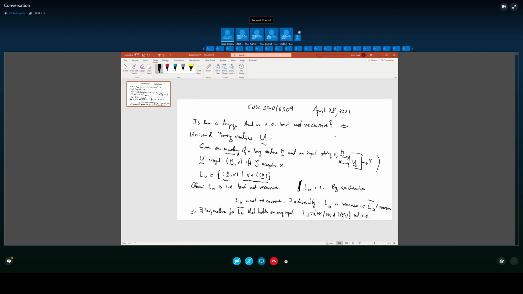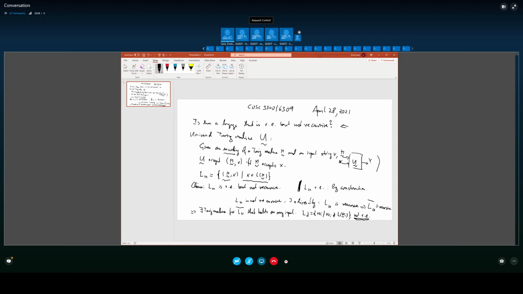So L sub D is essentially the complement of L sub U. And since L sub D is not recursively enumerable, which we showed last time, it follows that L sub U complement can't possibly be recursive.